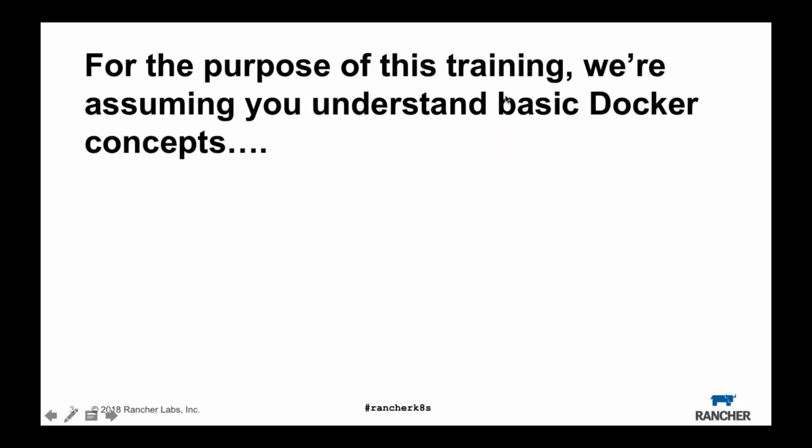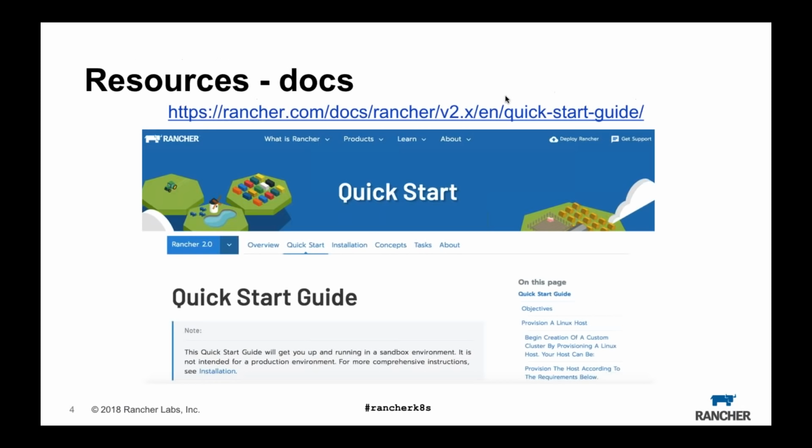So again, this is an intro to Kubernetes and Rancher, and we assume you have a basic understanding of Docker concepts. If you don't, we have really great information on our blog and our docs, and obviously you can go and check out Docker as well. Here is the link to the quick start guide for Rancher 2 and future versions.